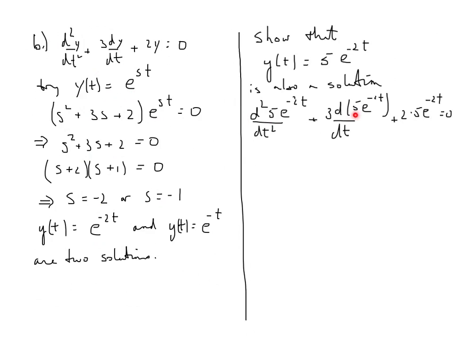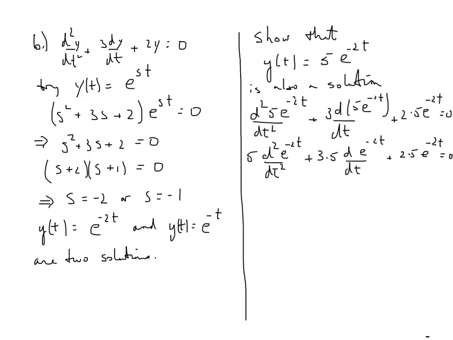And so I will rewrite this as 5 times the second derivative of e to the minus 2t plus 3 times 5 the derivative of e to the minus 2t plus 2 times 5 e to the minus 2t. And I'm testing to see if that's a 0.